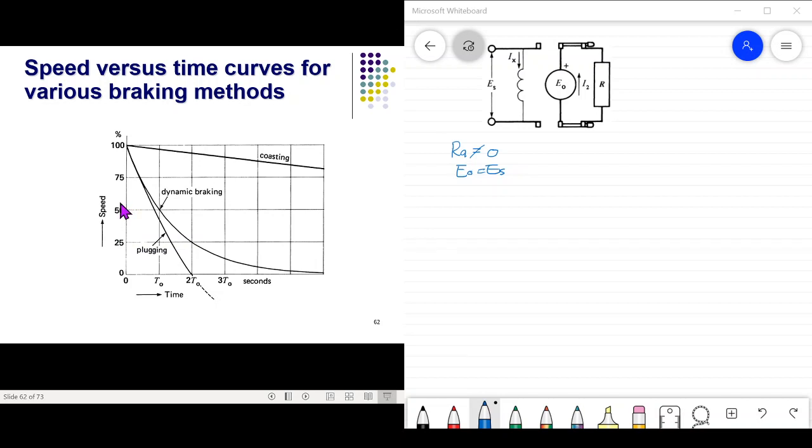To illustrate the usefulness of dynamic braking, we can compare the speed curve for a motor equipped with dynamic braking and one that simply coasts to a stop, because then the braking depends on the friction and windage losses.